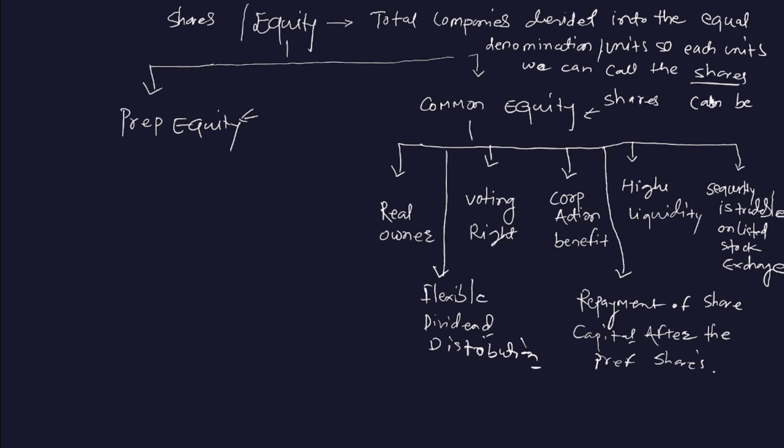We'll discuss common equity only, and we'll cover a few more points about it. Sometimes you would expect a question like what is earning per share. Again, this is related with your dividend portion. So write down one example.